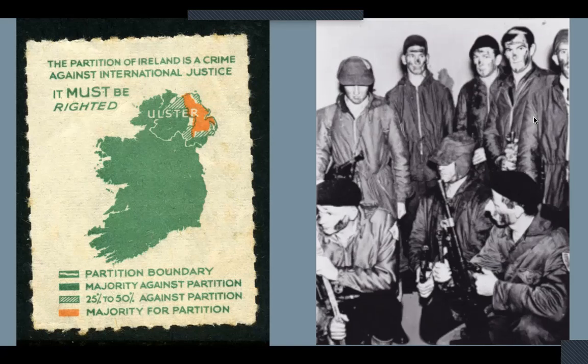On the right, we see some volunteers of the 1950s IRA. The 1950s IRA start to campaign using physical force to get rid of the border. And that also collapses very quickly.